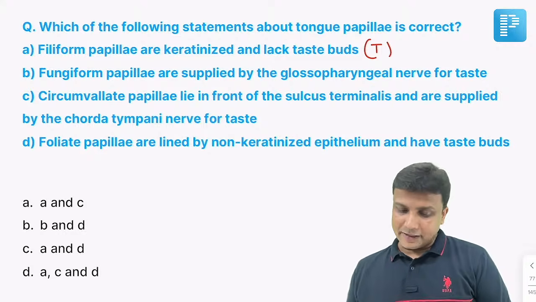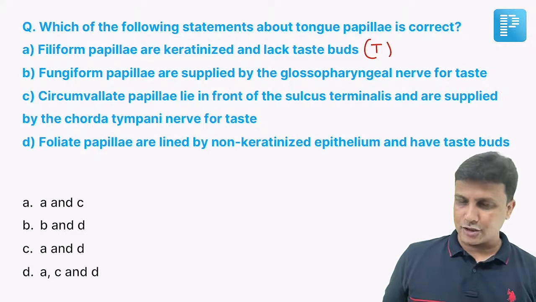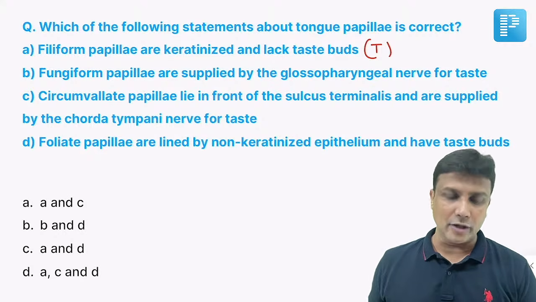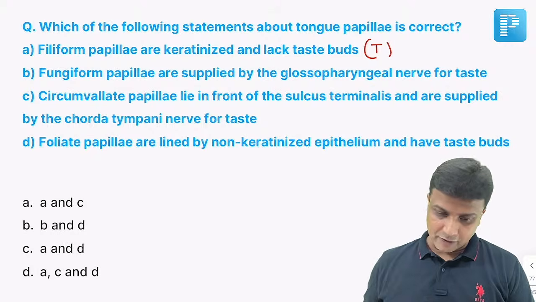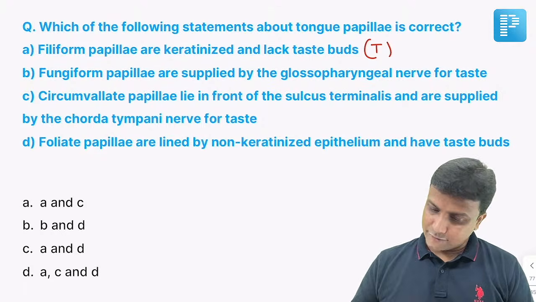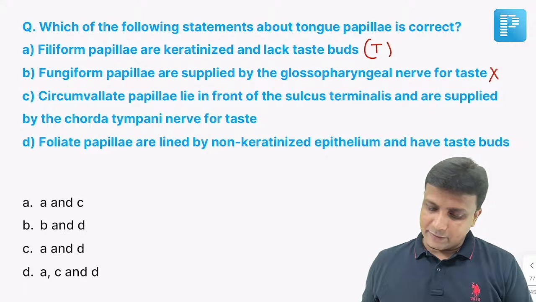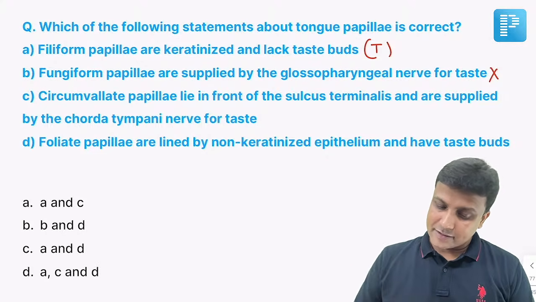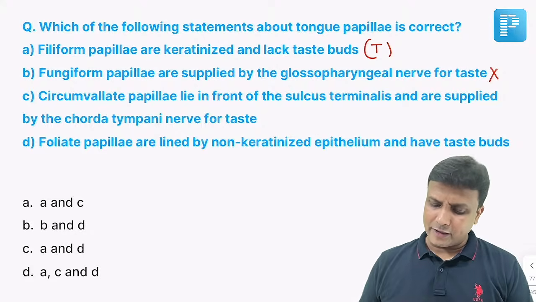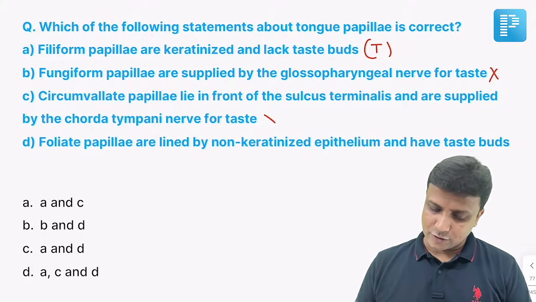Fungiform papillae are supplied by glossopharyngeal nerve for the taste. No, circumvallate papillae are supplied by glossopharyngeal nerve for the taste, sir. So this is a false statement here. And then, circumvallate papillae in front of the sulcus terminalis and supplied by chorda tympani nerve for the taste. No, no, no, no. This is also a false statement. Why?